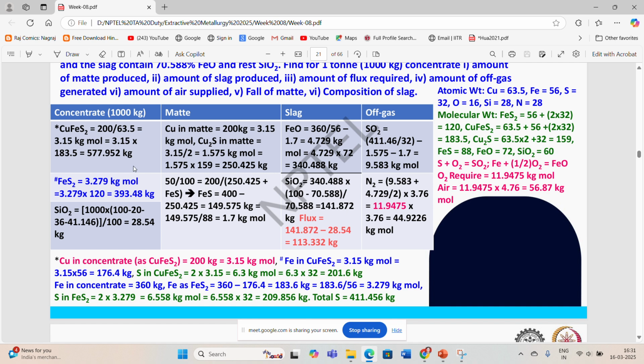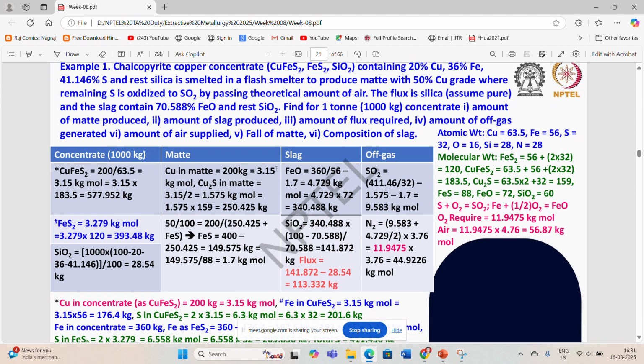First we will try to mass balance the copper. Copper is coming from the concentrate and it is going to the matte, and sometimes some part of the copper can also go with the slag. However, here it is given that the slag contains 70.588% FeO and the rest is SiO2 only.